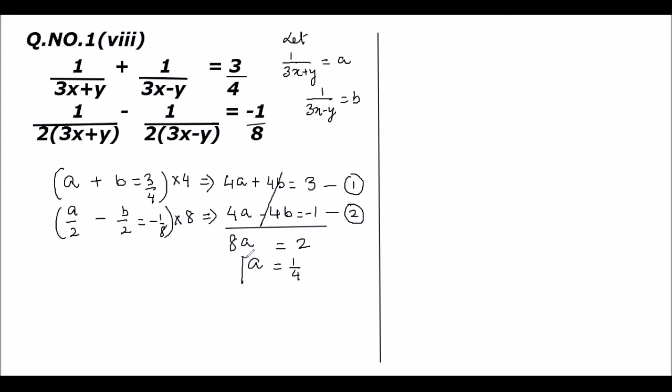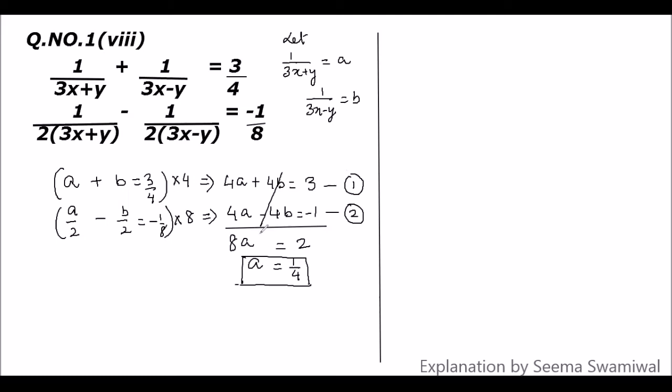This value of a, let's put here, where we assume a is equal to this. And let's find out the value of b also. So if I put a is equal to 1/4 in the first equation, I will be getting, in place of a, I am writing 1 upon 4.